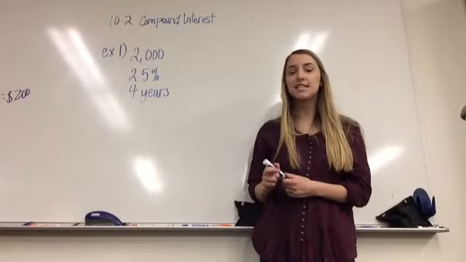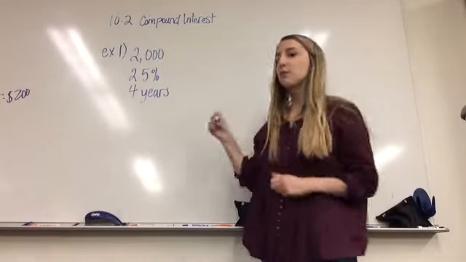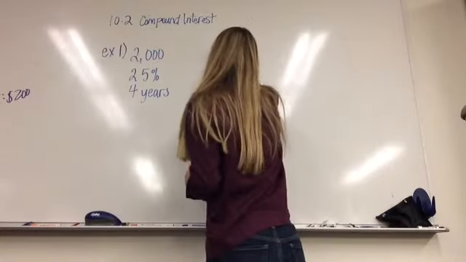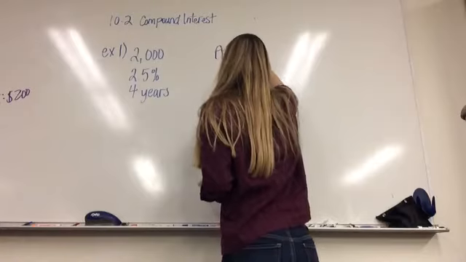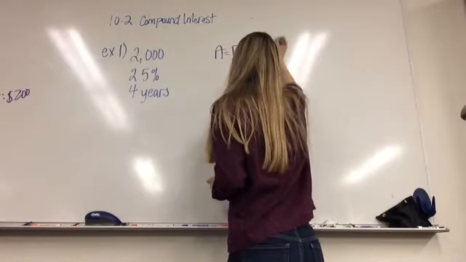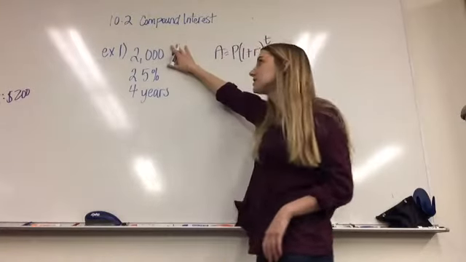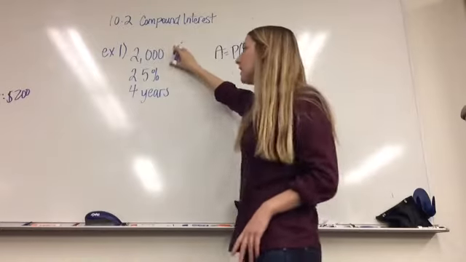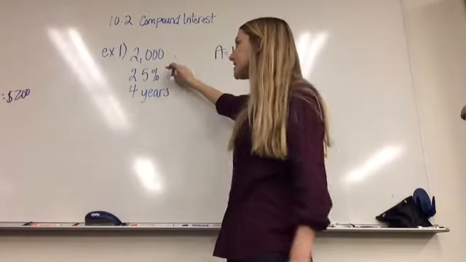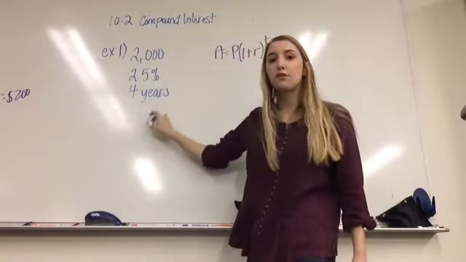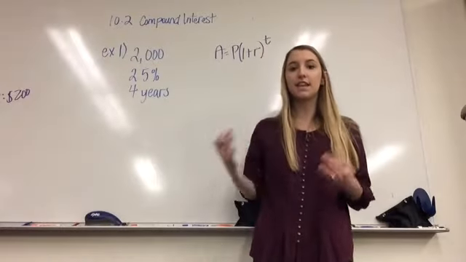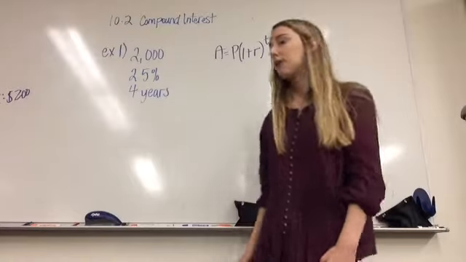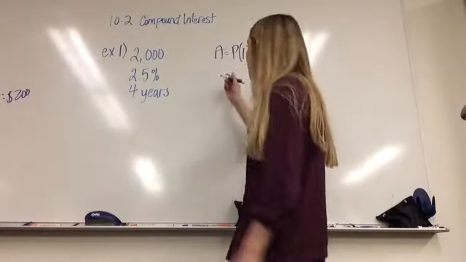Okay, I'm back with example number 1. So remember, our formula is A equals P times 1 plus R to the T. Okay, so I have $2,000 as my starting amount of money, and I'm putting it in a savings account at 2.5% for 4 years. And I want to know the amount of money that I have at the end of these 4 years. Okay, so I'm just going to plug in my values.